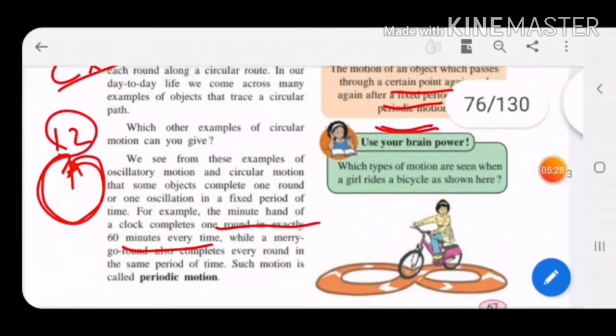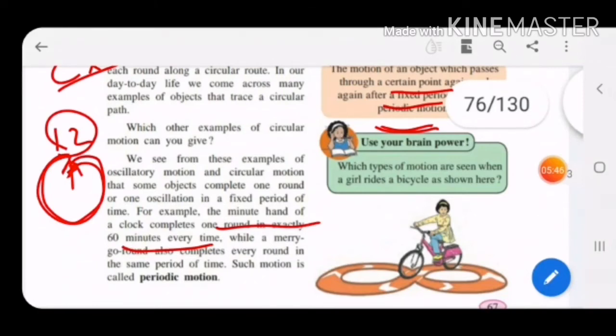One more example you can take is that the earth completes one round around the sun in 365 days. That means after 365 days only, one round around the sun is completed by the earth. That means the fixed time is 365 days.